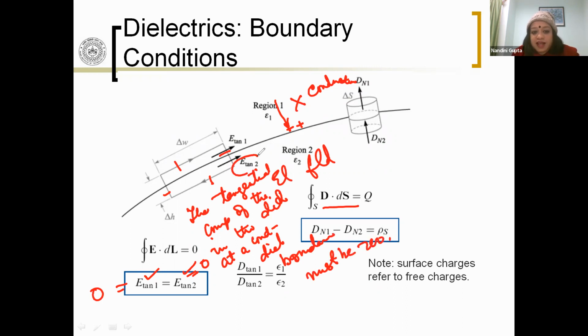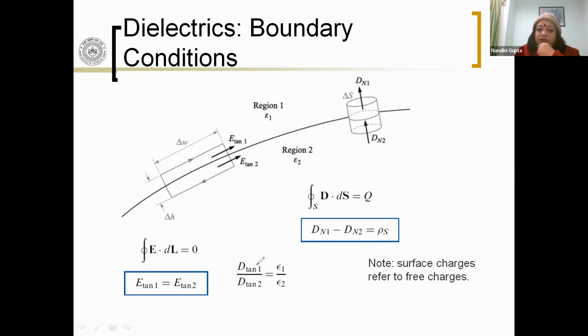So even E tan 2 becomes equal to 0, even though it's not a conductor, because at the boundary, E tan 1 must be equal to E tan 2, and E tan 1 is equal to 0 because it's a conductor. What happens to the normal component? Normal component will continue to follow this expression.